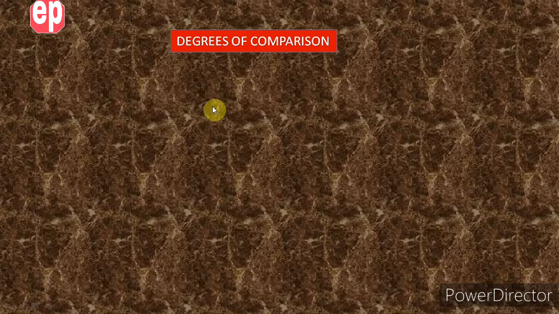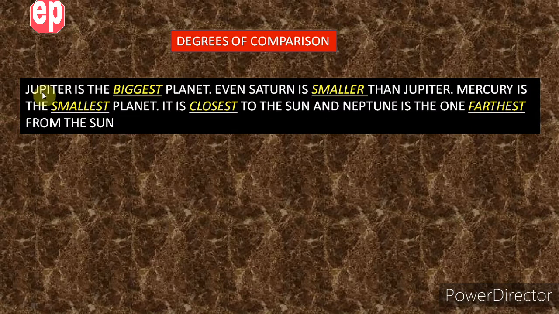We know that planets in the solar system are of different sizes and are at various distances from the sun. So, taking their examples, let's try to understand degrees of comparison in this slide. Jupiter is the biggest planet. Even Saturn is smaller than Jupiter. Mercury is the smallest planet. It is closest to the sun, and Neptune is the one furthest from the sun.